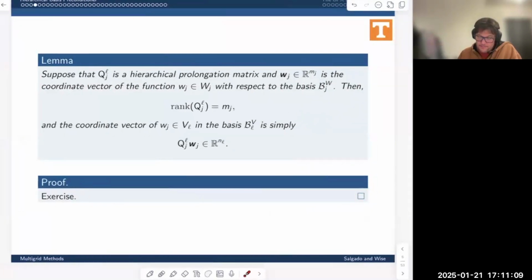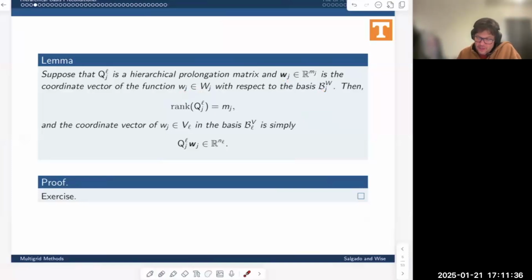All right. Now, a little lemma. Suppose that QJL is the hierarchical prolongation matrix and WJ is the coordinate vector of the function WJ with respect to the basis BJ. So this guy can be written in this basis, and when you do that, you get coordinates, right?